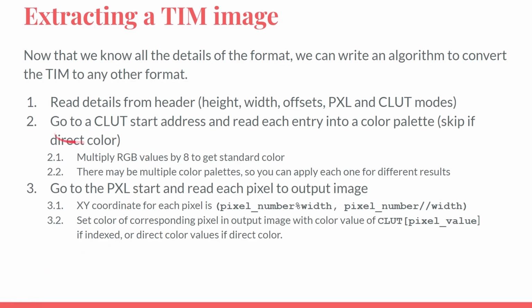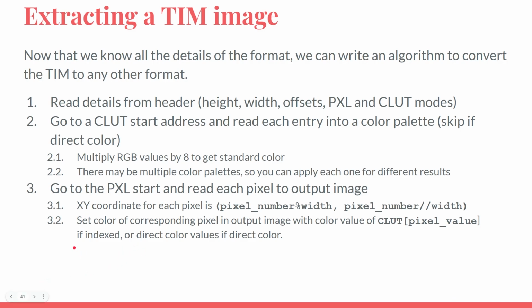After we've processed the color palette, the CLUT, we can go to the pixel area and we can read out the data. The X coordinate for each pixel we read is the pixel number modulo the width, and the Y coordinate is the pixel number integer division with the width. So that's how we get the XY coordinate if we're reading these pixels and we're trying to put these pixels into an image.